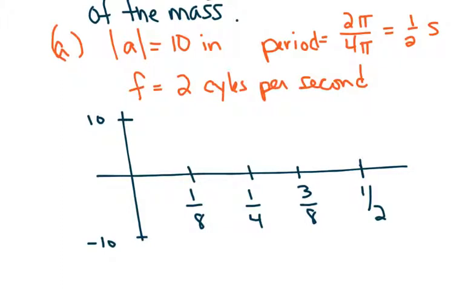Since this is a sine graph, it starts and ends on the x-axis, or the midline. In the middle, it will also hit the midline. Between the first two x-intercepts, it will hit its maximum, and between the next two, it will hit its minimum. So this is the graph of 1 period of this spring cycle.